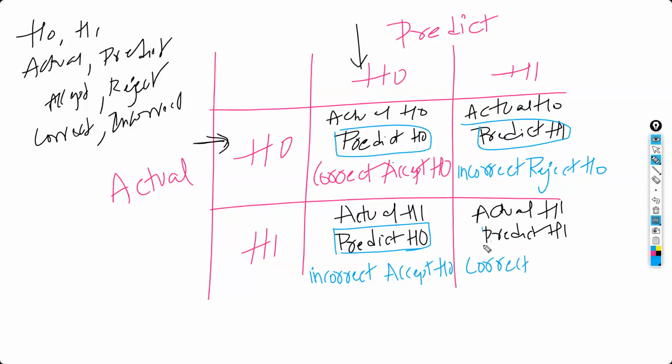The second word is what you are predicting. What you predicted? H1 you predicted, which means you are accepting H1. Accepting H1 means rejecting H0. What you are predicting, that you are accepting; opposite to that you are rejecting. So this is correct rejection of H0.